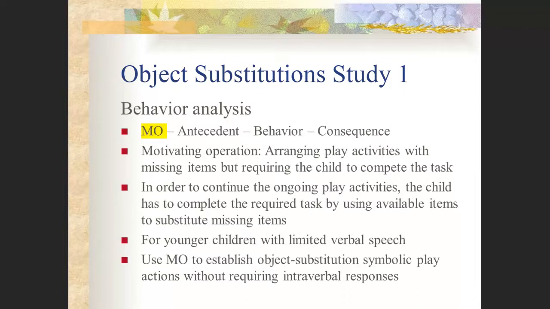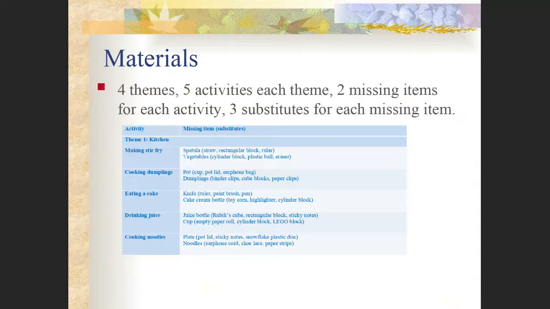So we are using this arrangement to teach object substitutions. We found this approach is suitable for younger children who may have limited verbal speech, and we use the motivating operation to establish object substitution, symbolic play actions without requiring vocal responses.